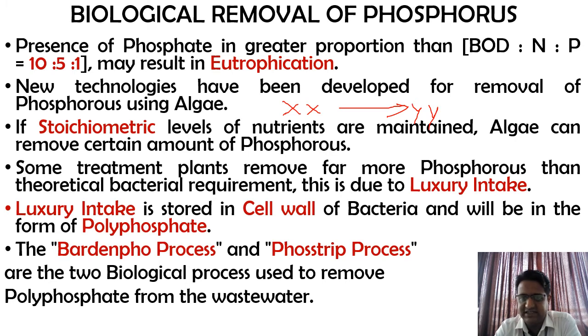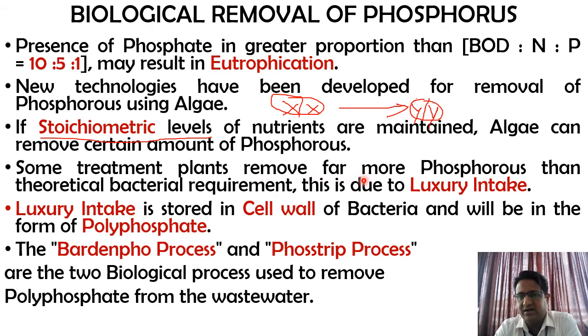So what quantum of X is required to produce what quantity of Y? So if the left hand side and right hand side quantities are measured, then you call that stoichiometric levels. Basically here, the left hand side will be equal to the right hand side.